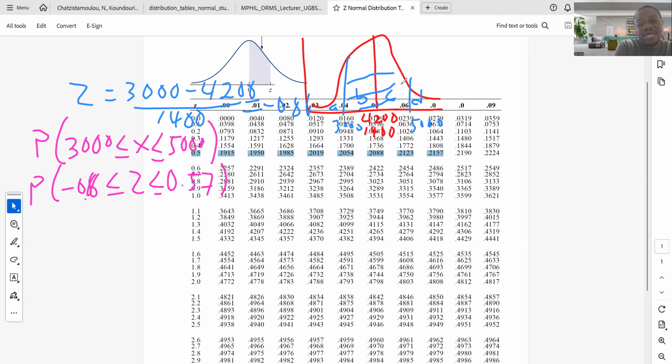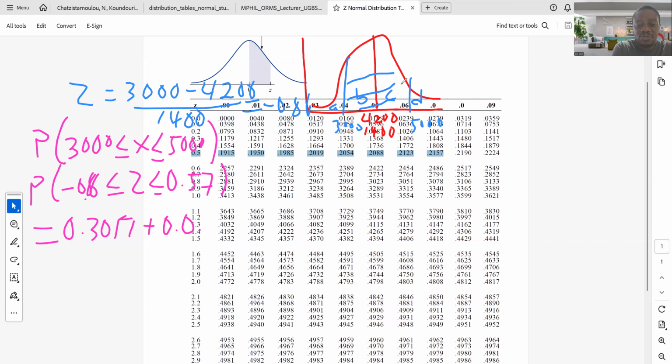So now, to get the answer, you're just going to take the answer you had for the first one. When you read 0.86, you got 0.3051. You add that to the one for 0.57. When you read 0.5 under 7, it is 0.2157.